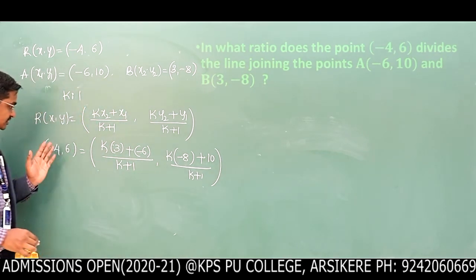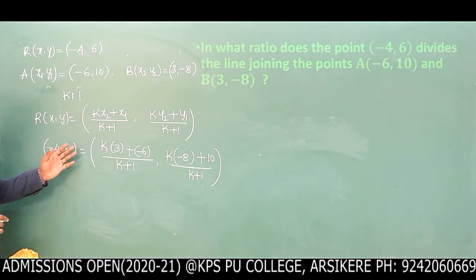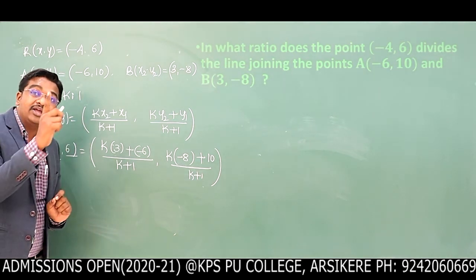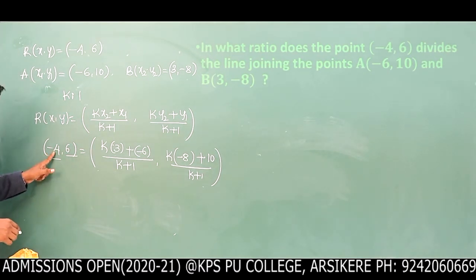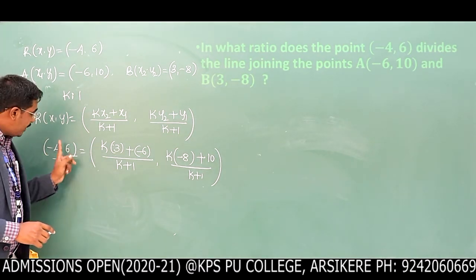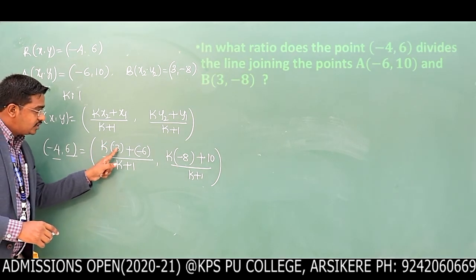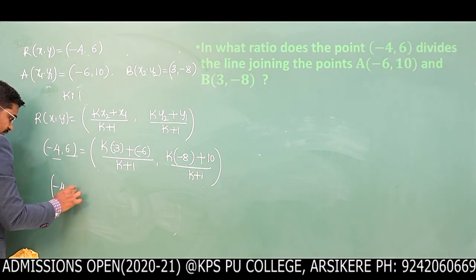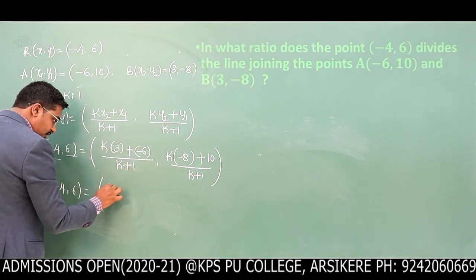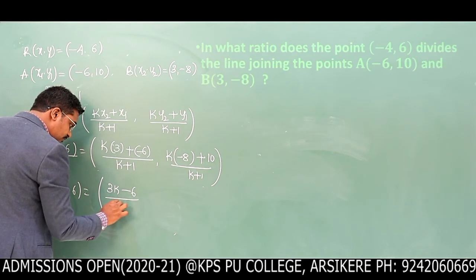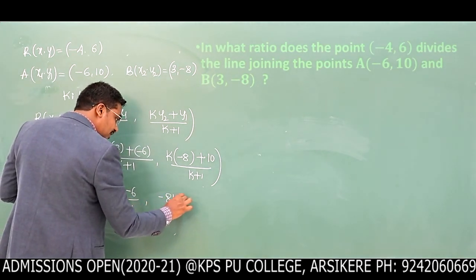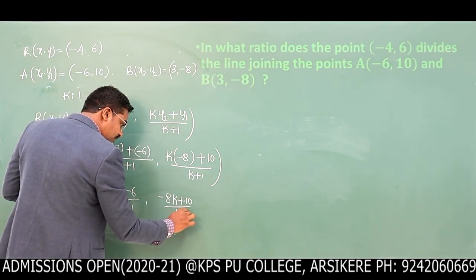So either equate the first term or the second term. You can equate any of the terms, you will get the same answer. Okay, ready. When two coordinate points are equal, the corresponding x coordinates and y coordinates are equal. Minus 4 comma 6 is equal to 3 into k minus 6 divided by k plus 1, and the second point will be minus 8 into k plus 10 divided by k plus 1.